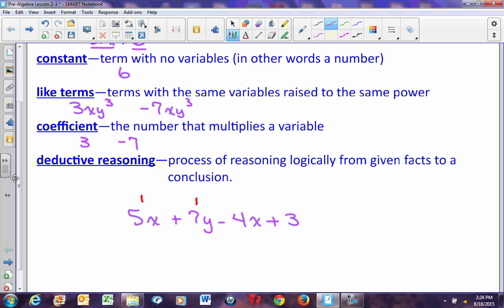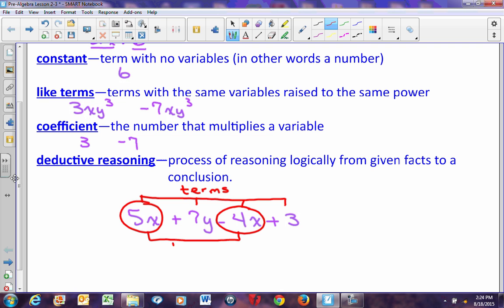These are all called terms, because they're all separated by an addition or subtraction sign. The 5x and the negative 4x are what we would call like terms. Same variables raised to the same power.